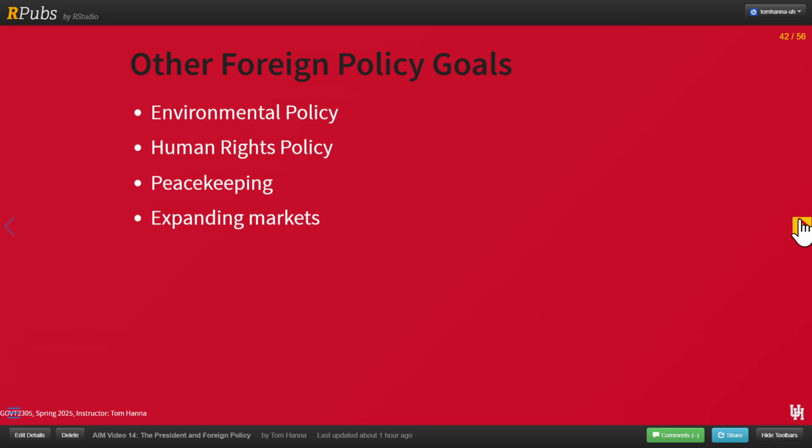We contribute peacekeeping troops. And we have a huge foreign policy goal of expanding markets, which, on the one hand, is part of that foreign policy goal of prosperity for U.S. citizens. It is also part of our idealism that we know empirically, factually, it's been proven that freer trade increases the general welfare for all trading partners.